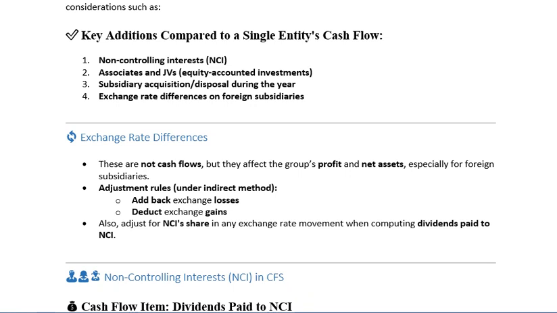So the adjustment will now be under the indirect method. If you are using the indirect method for the operating activities, you add back your exchange loss because it is part of the non-cash items. It's a non-cash item and a loss has been deducted, so you need to bring it back.